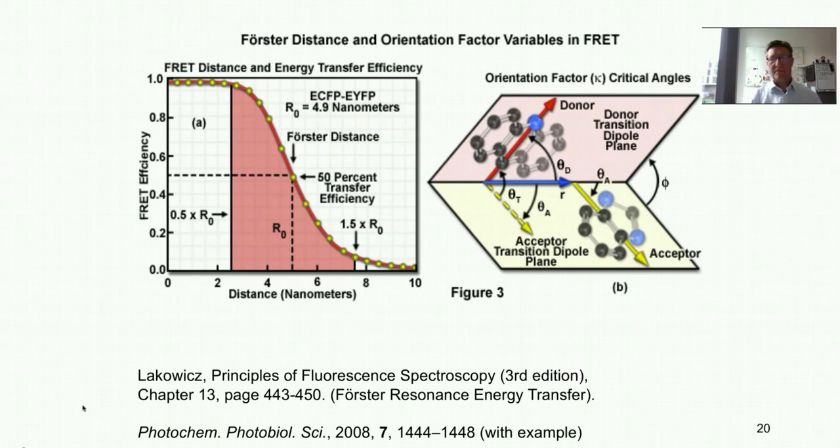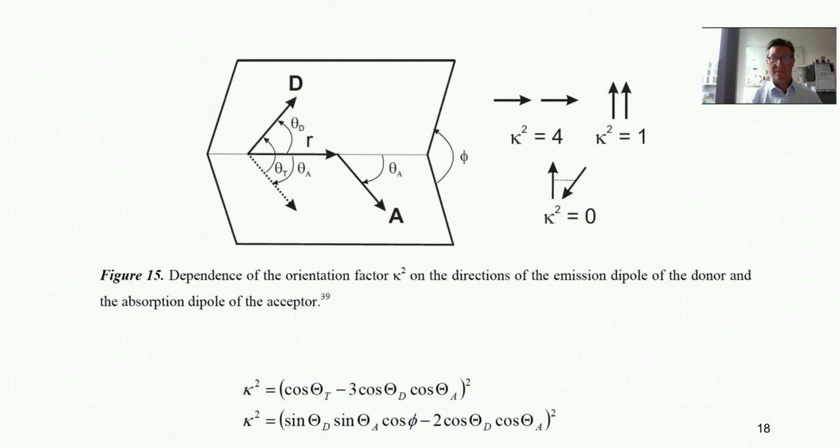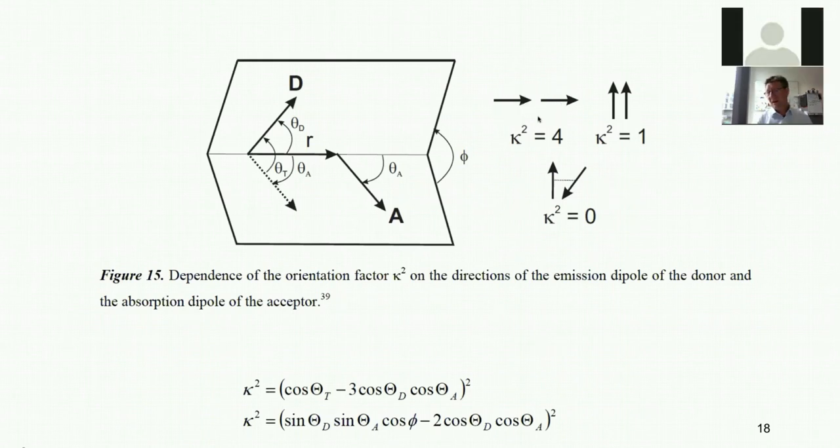But if the two arrows are parallel, is it then larger than anti-parallel, or the other way around? So this here means alignment of the two transition dipole moments and a maximum value. If they are parallel, pointing the same direction, the maximum is 1, and if they're orthogonal, it's like 0.